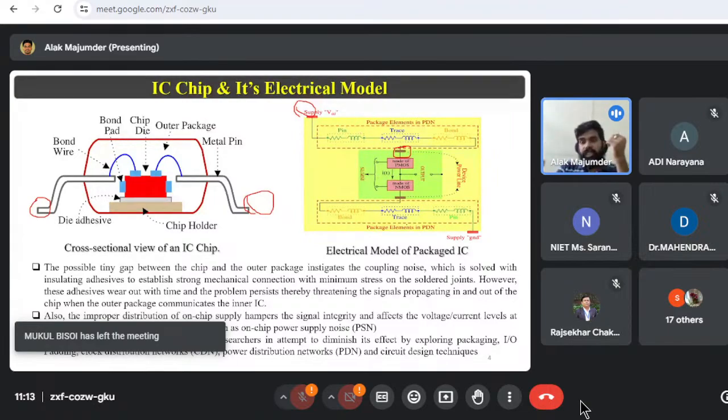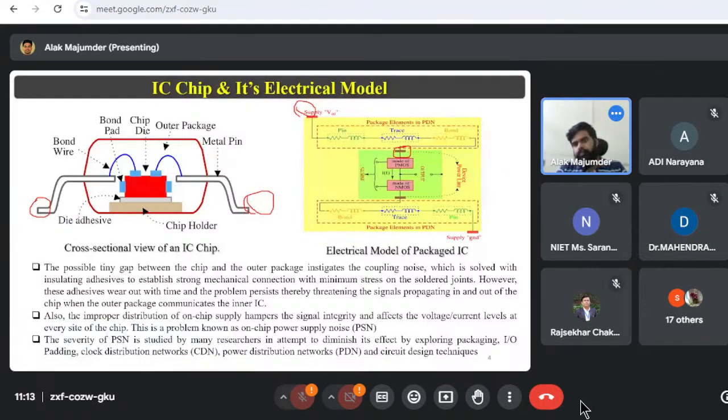The same situation is happening for ground also. You see, this is the real world ground, but the actual ground is here. That is the reason whenever we are talking about logic zero, we are not going to get zero voltage. We are always going to get some voltage like 50 millivolt, 40 millivolt, depending on your circuit requirement. It also depends on the total amount of current flowing through this particular circuit.